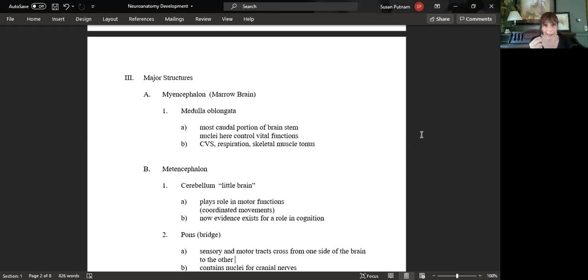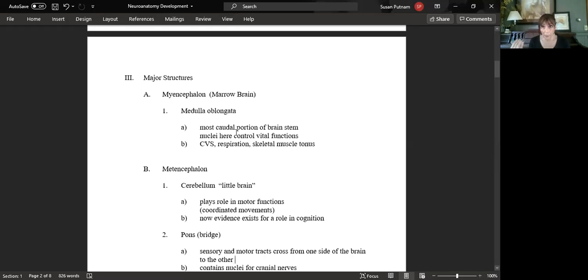It literally means marrow brain. So if somebody calls you a marrow brain, it's probably not a compliment, because this is basically the part of your brain that contains those vital processes which are important, but not much thinking, okay? It's pretty much the inner workings and what will be automatic.